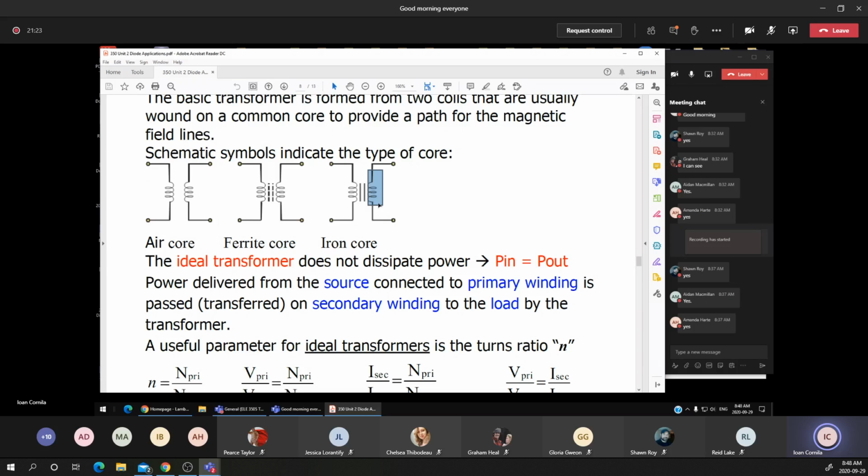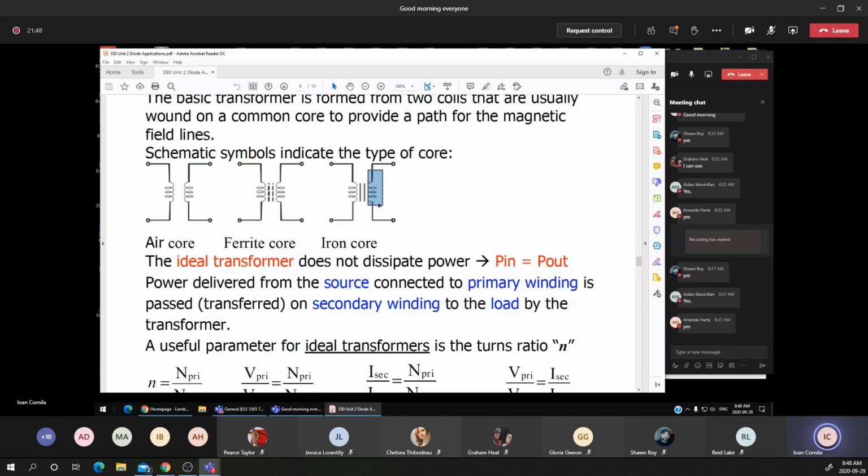Just to have an idea about what the range is for a low frequency signal, or what low frequency means in terms of hertz.